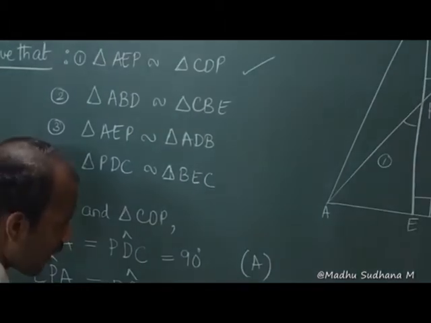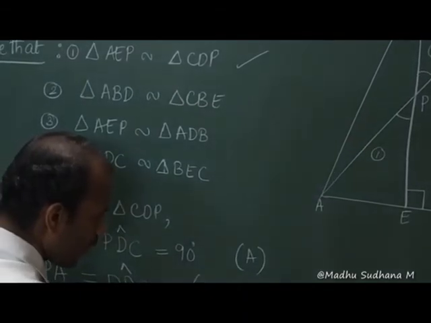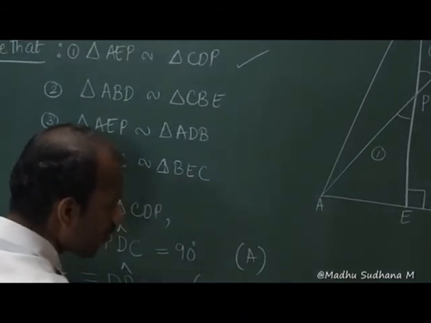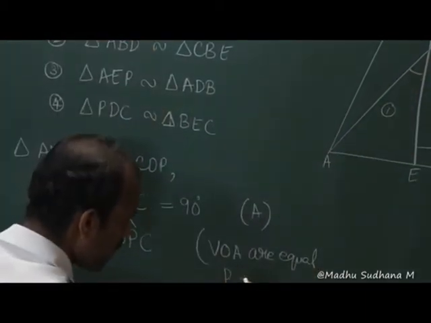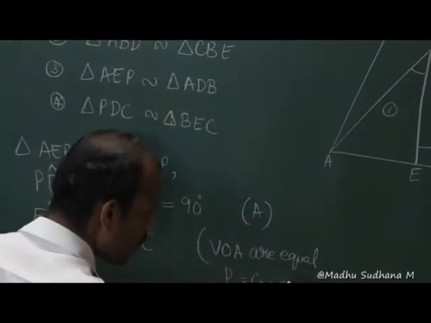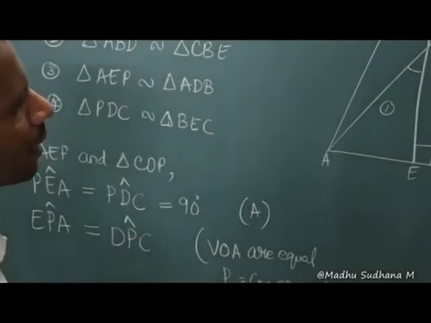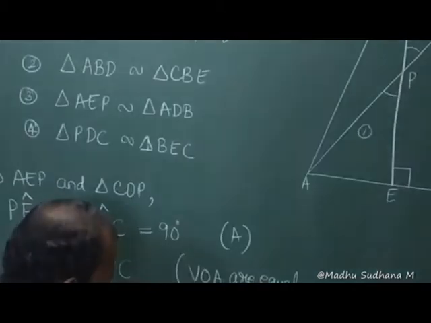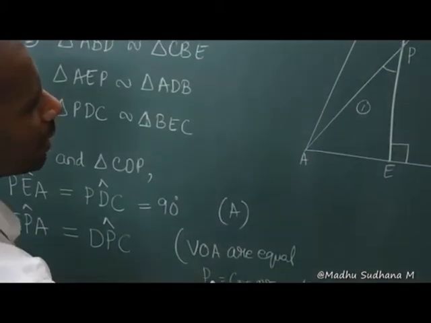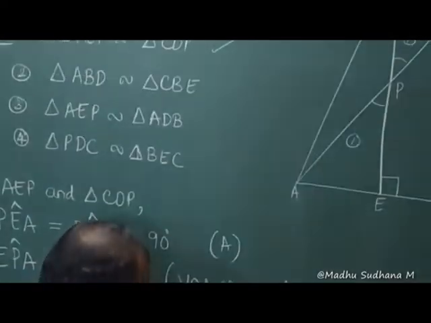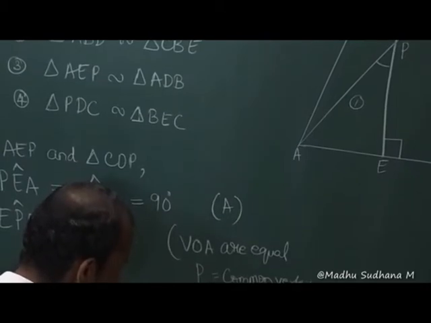So here I can write vertically opposite angles are equal, and P is the common vertex. CE and DA are intersecting lines.